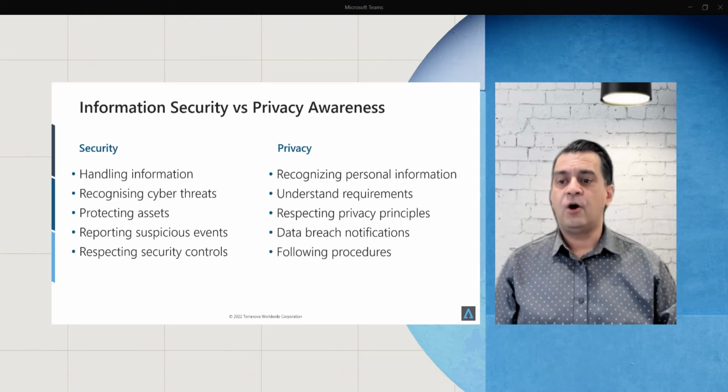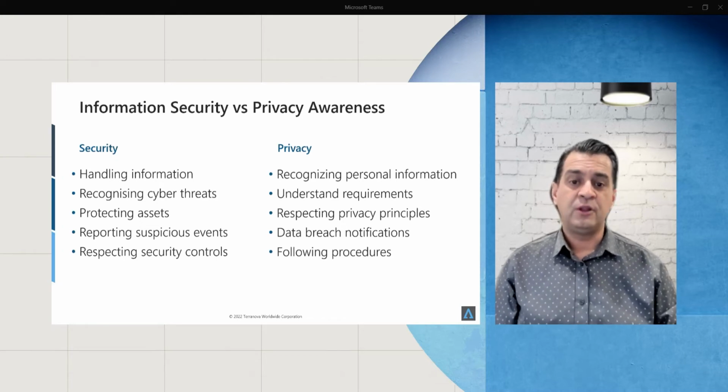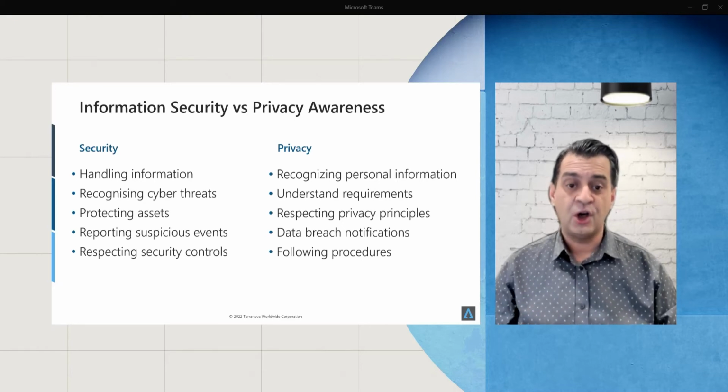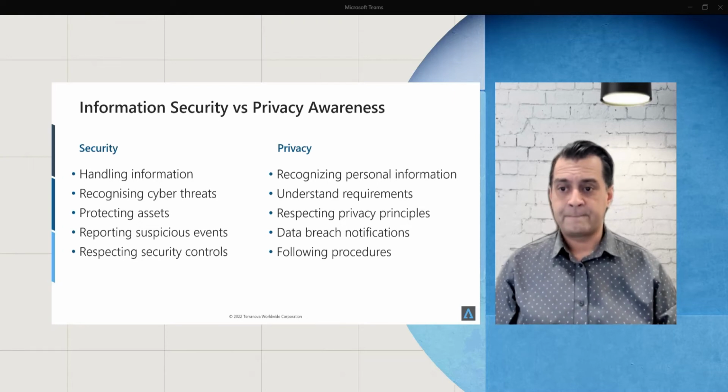In security, also, you need to teach users how to recognize cyber threats, which often target this personal information. Whereas in privacy, you need to teach users how to understand the requirements that a regulation may have in place on the collection, use, retention, and destruction of this sensitive personal information.